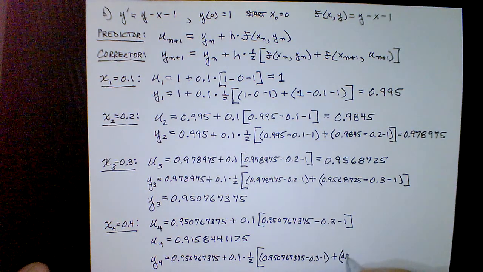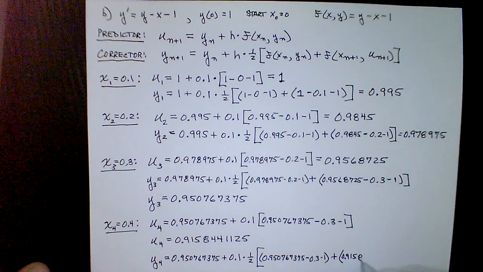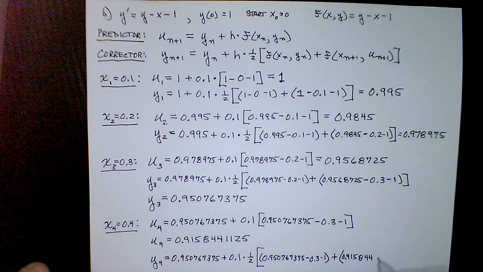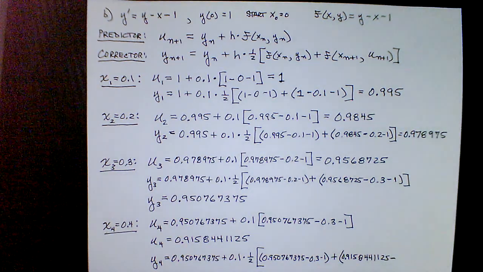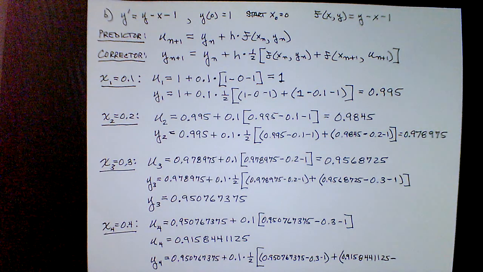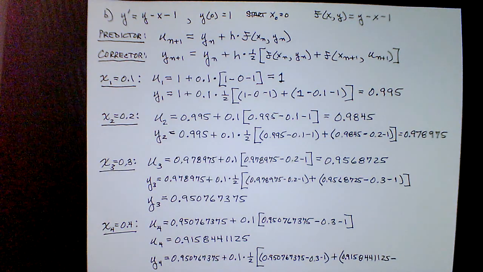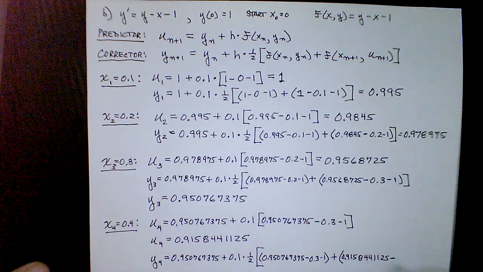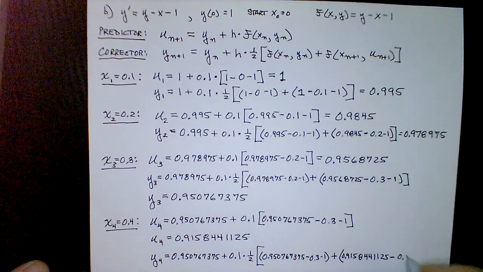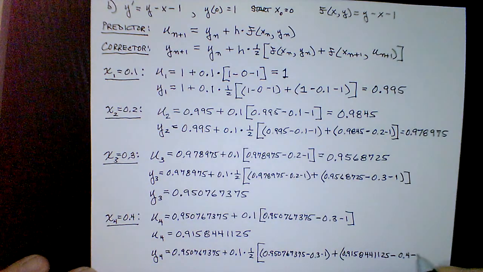So 0.9158441125, minus the new x value, 0.4, because it's y minus x, and then minus 1 was part of the formula.